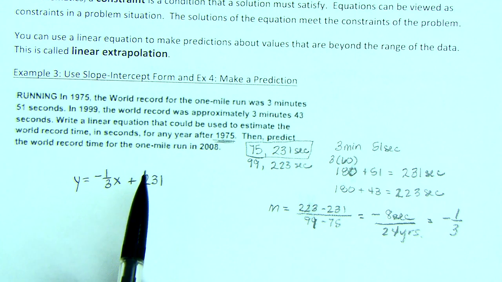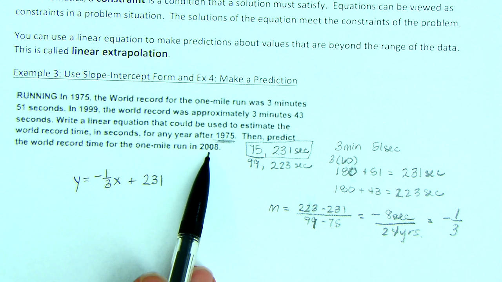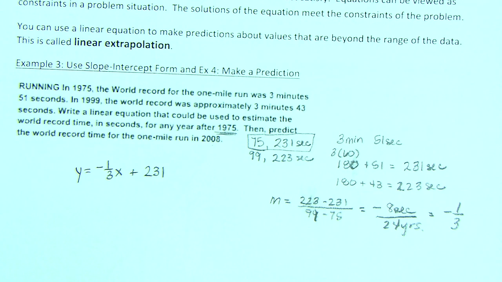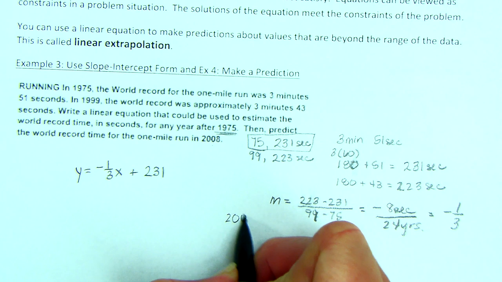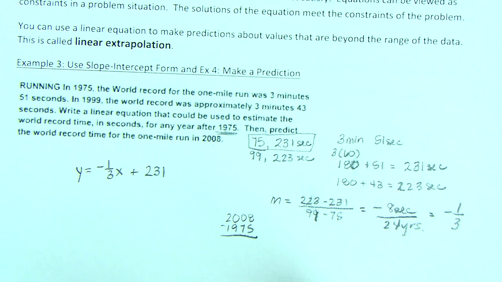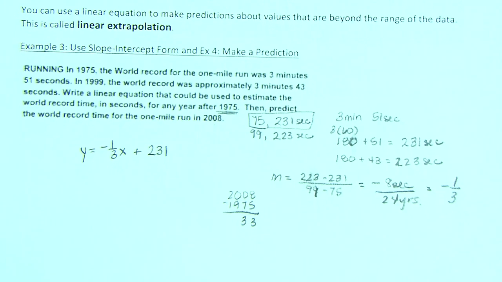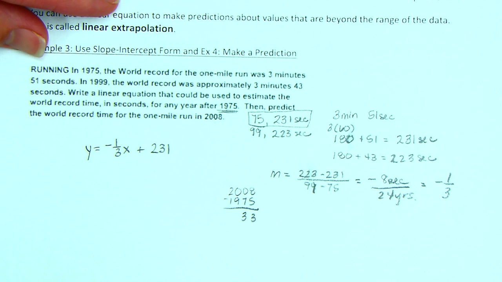Now we can find out what the record time is going to be in 2008, which, if I'm talking about how many years after 1975 is 2008. So 2008 minus 1975, that is going to be 33 years later. So remember, x stands for years after 1975.